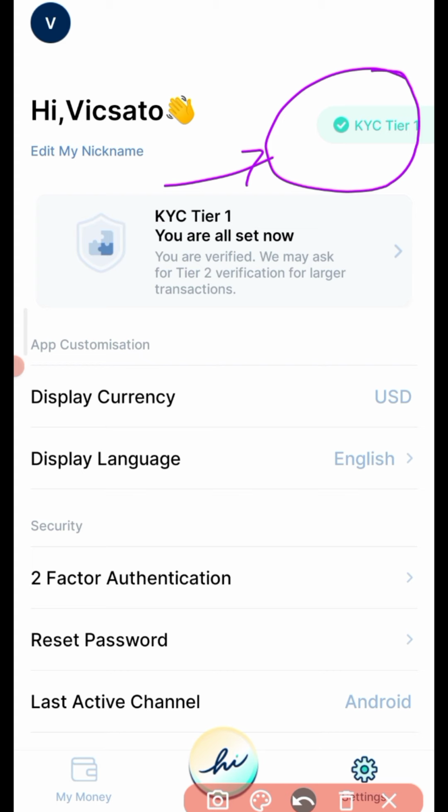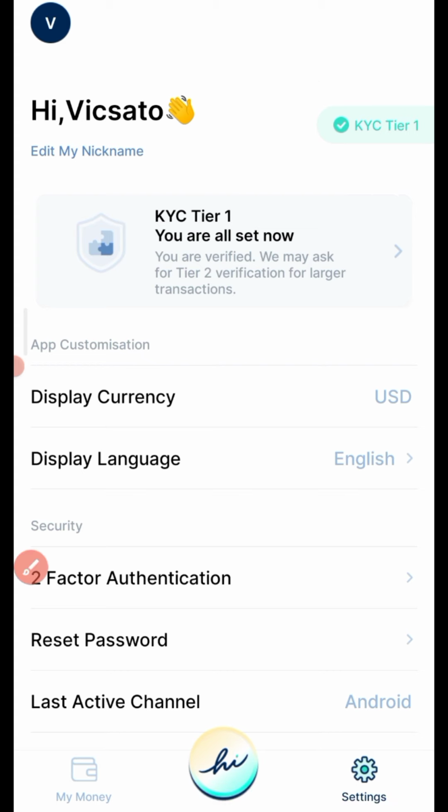Tier 2 requires that you provide pictorial evidence of your physical address, maybe your utility bill that carries your address. Mine is awaiting tier 2 verification right now.